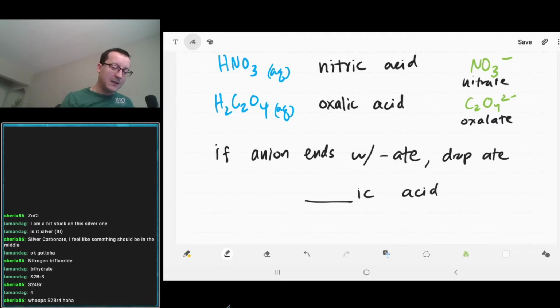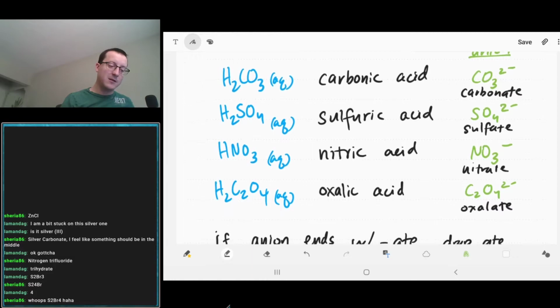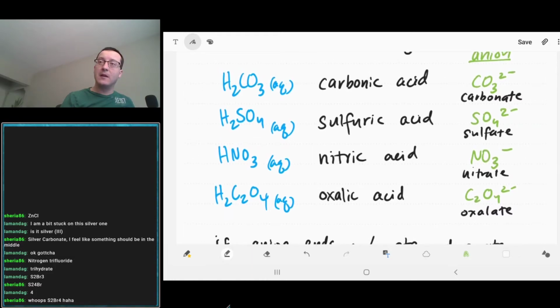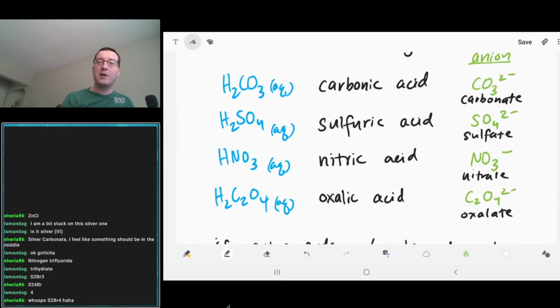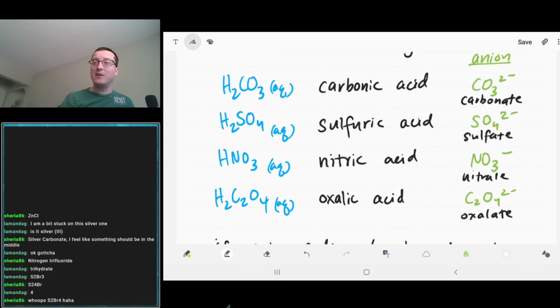So you see how we've taken carbonate, we've gotten rid of "ate," and added ic acid. So now it's carbonic acid. With nitrate, we dropped the "ate," added ic acid, and now it's nitric acid. So notice that we would expect the second one to be called sulfic acid, but for whatever reason, we still call it sulfuric acid. So that one and phosphorus, phosphoric acid, are kind of special, but the rest of them will all follow the same pattern.